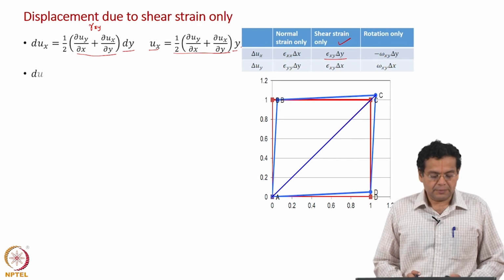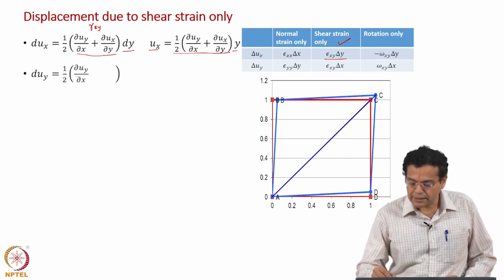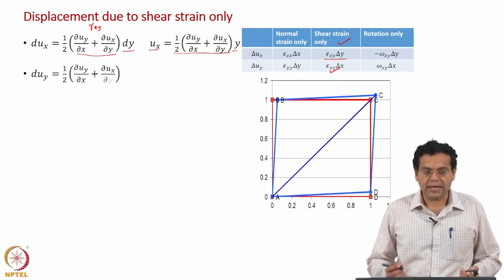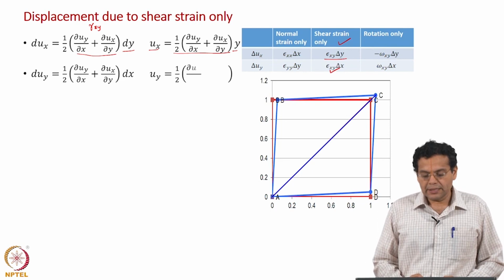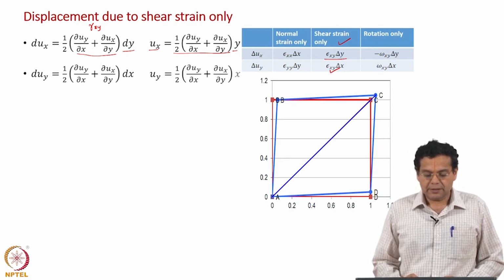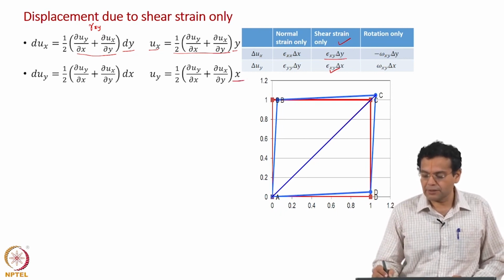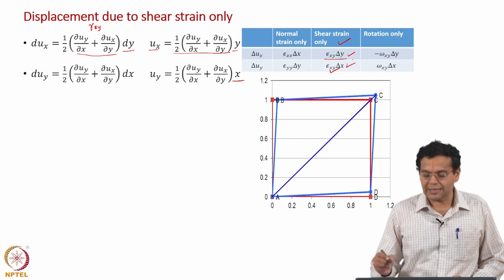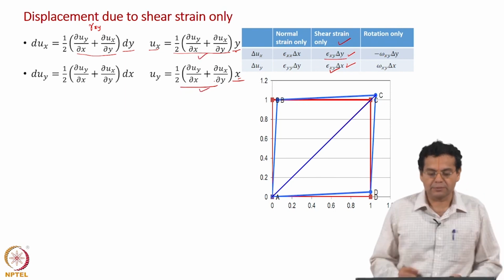And similarly, in the y direction we take this expression epsilon xy, it is the same, and uy is equal to gamma xy by 2 into x. Here epsilon xy into delta y, here epsilon xy and delta x. So what you have here is y here and x, otherwise these two terms are the same, both are epsilon xy.